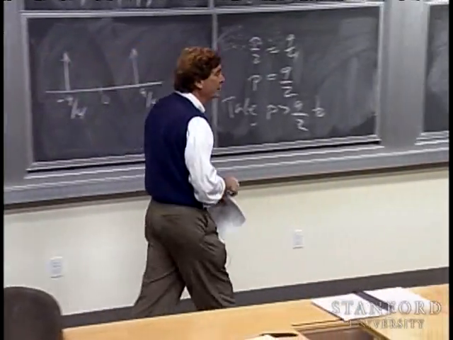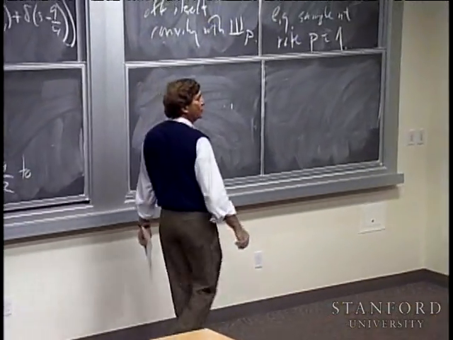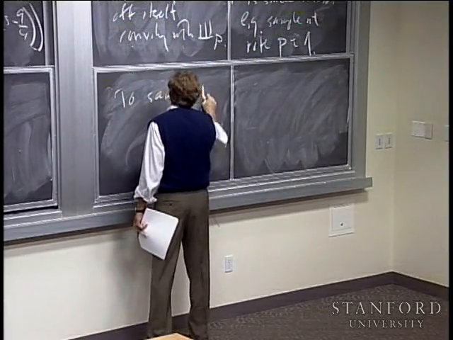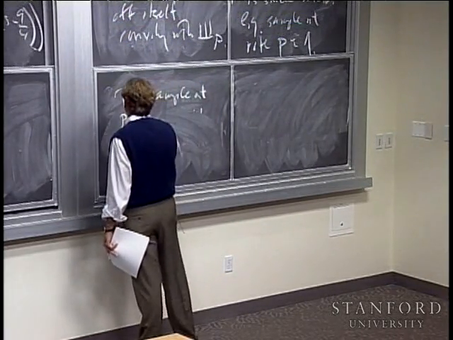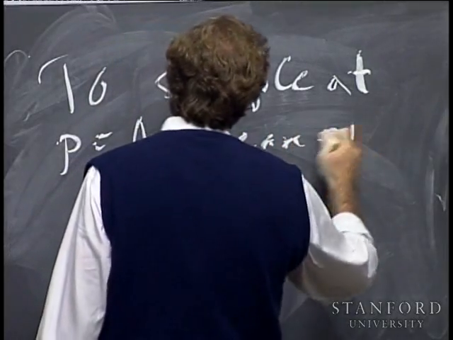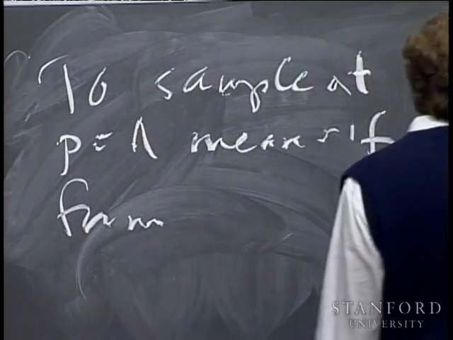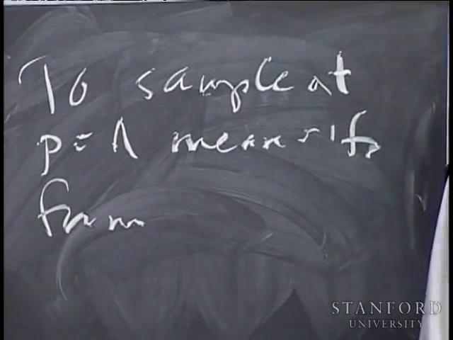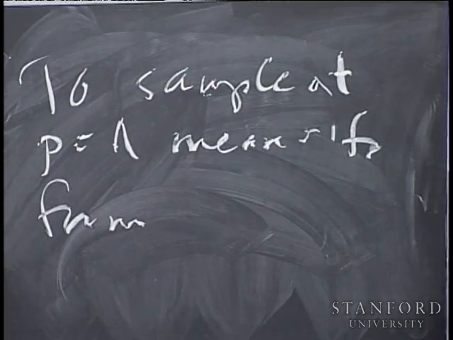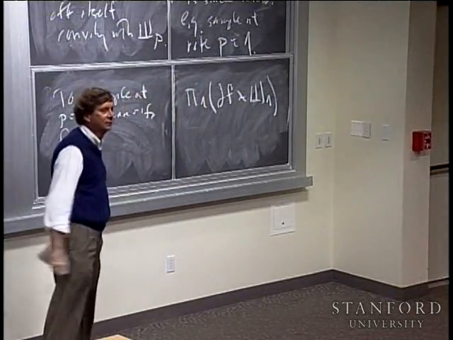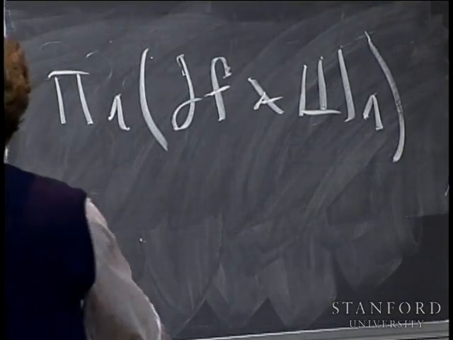To sample at a rate 1 means to convolve with the Shah function of spacing 1. To sample at p equals 1 means to form the periodization and the cutoff, which means to form pi 1 of the Fourier transform of f convolved with the Shah function of spacing 1. Period. That's what it means.